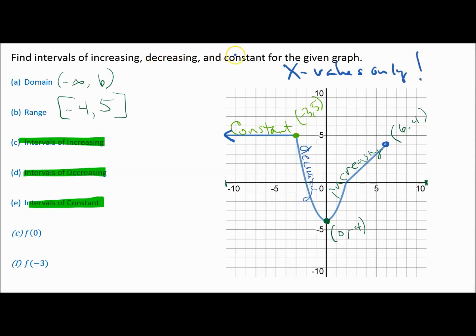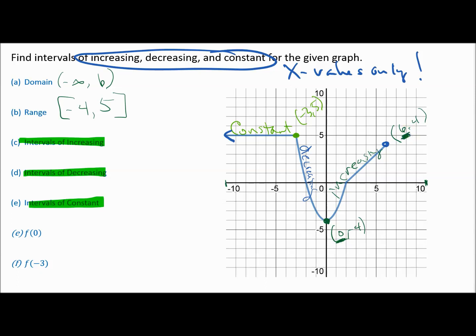And that's for, again, increasing, decreasing, and constant. Range, you used y values, but domain, you used x values. For increasing, decreasing, constant, x values only. So let's go back and see if we can pull that off. Okay, so the x value is where it increases. Well, notice it started at 0. The -4 doesn't matter. I'm going from 0 to 6.